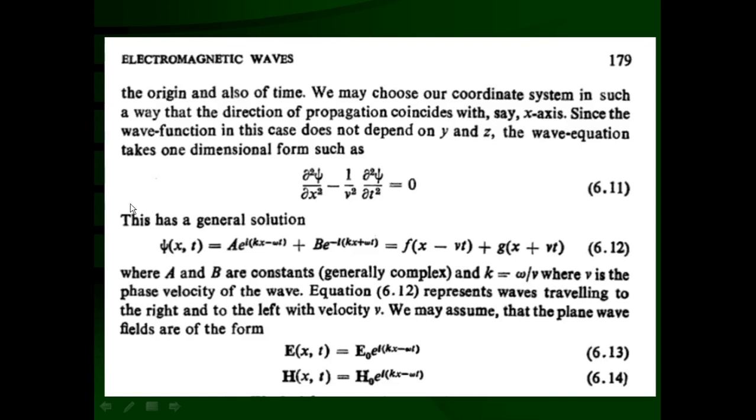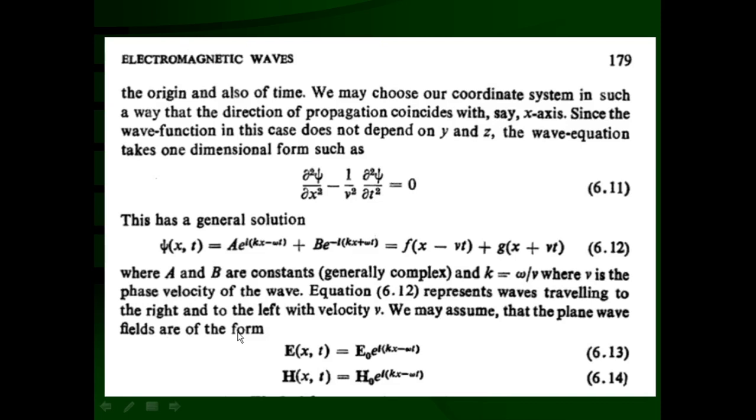Here A and B are the constants of integration, which are generally complex constants, and k is nothing but the wave vector, equal to ω upon v, where v is the phase velocity of the wave. Equation 6.12 represents the wave traveling to the right and to the left with the velocity v. That means it is propagating in the positive x direction as well as in the negative x direction with the phase velocity v.